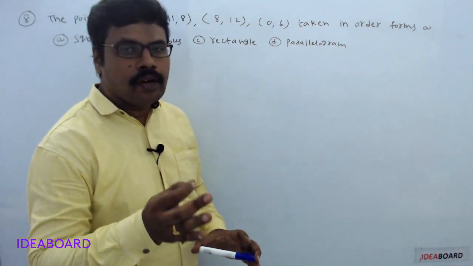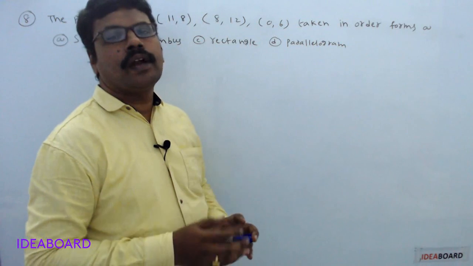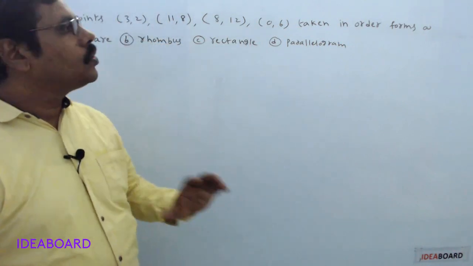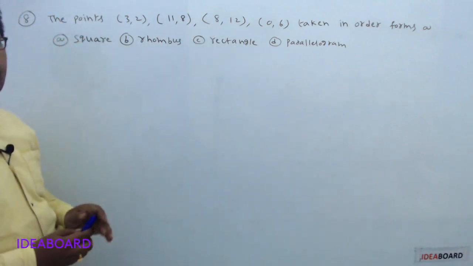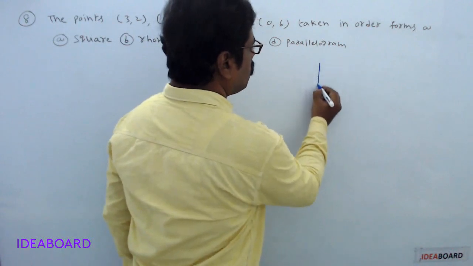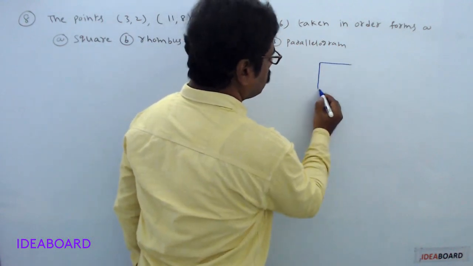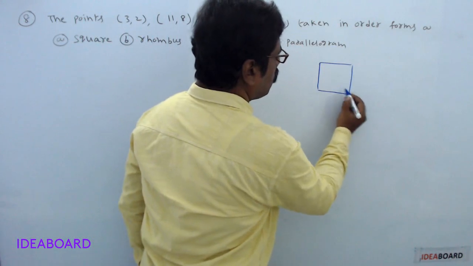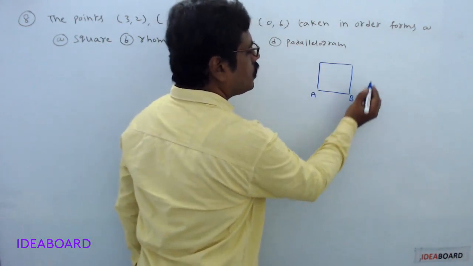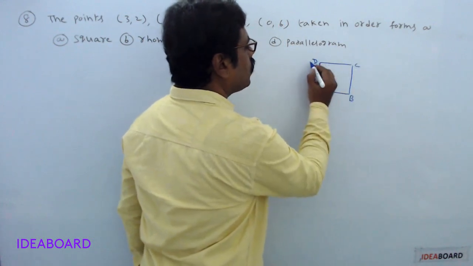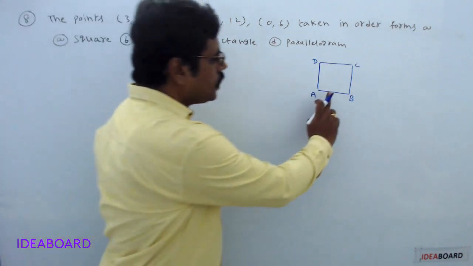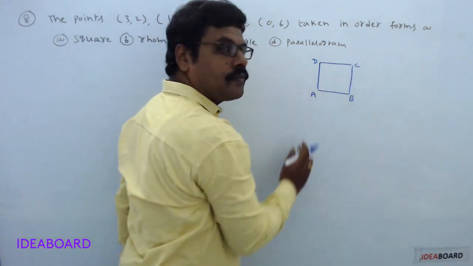But here I am going to explain a very important concept, a small trick to solve this type of questions. So come to that concept. Suppose your quadrilateral is a square. Now take a square diagram. Suppose the vertices of the square are A, B, C and D. Now in the square diagram, adjacent sides are equal.